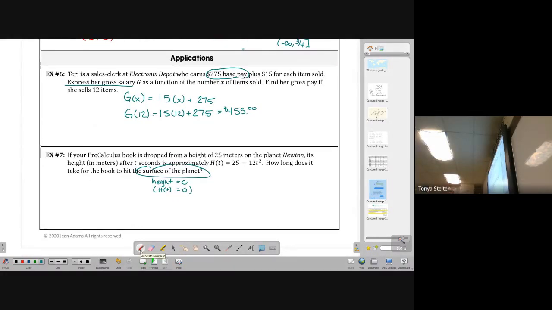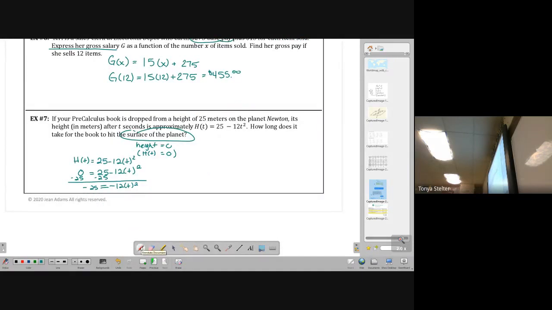All right, so we have this equation. They already gave it to us. I'm looking for when h of t is equal to 0, so I'm going to plug that in on the next line, make that equal to 0, and solve for t. What's that? 20.